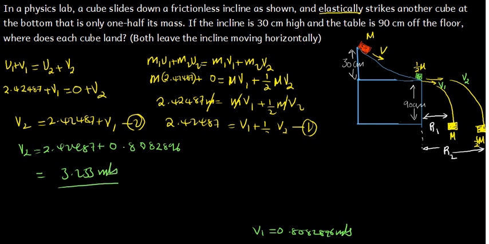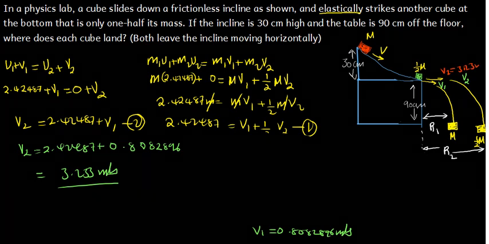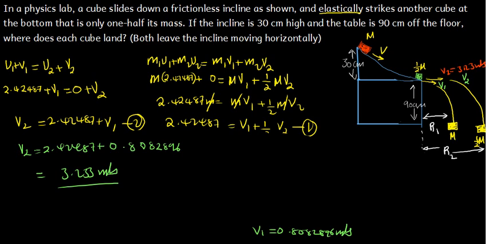So these are the velocities at which they are moving as they get to drop. So v2 is equal to 3.23 meters per second, and then v1 is going to be equal to 0.802 meters per second.